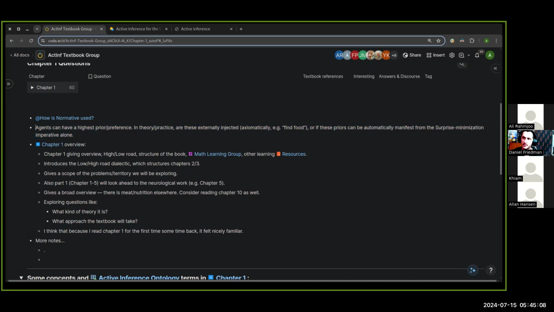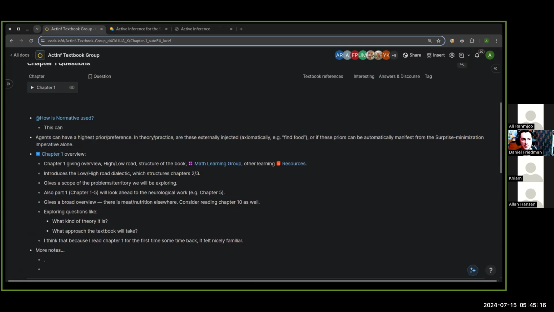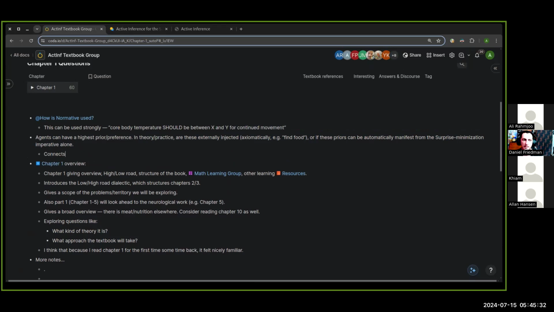Well, normative, even in this discussion, is sometimes used in a very strong sense. The core body temperature of a mammal has to be between a certain minimum and a certain maximum, or that animal will stop moving. That animal will die. You have to have a certain amount of oxygen, or you will stop moving and die. There are some less violent impositions. For instance, anyone walking in public in a US city has to wear clothes.